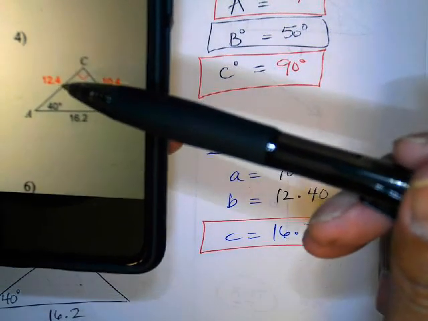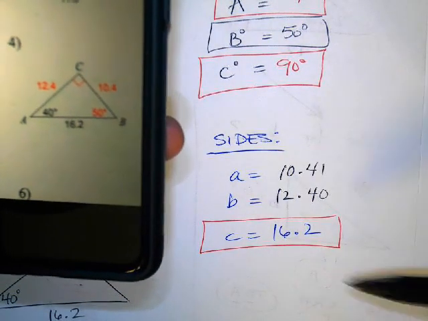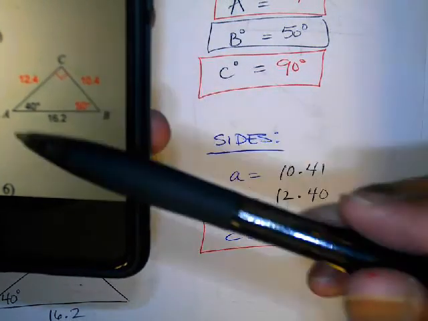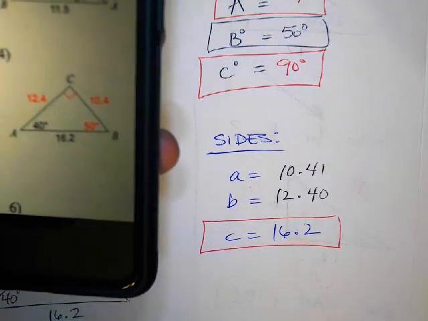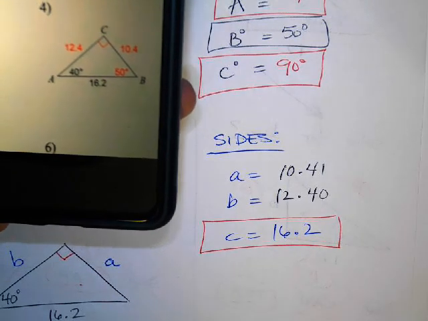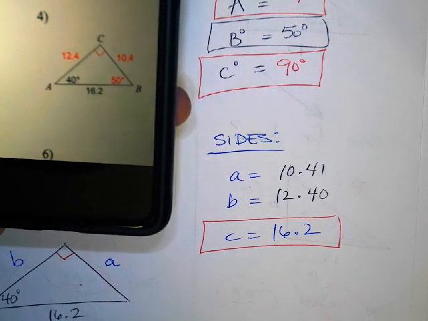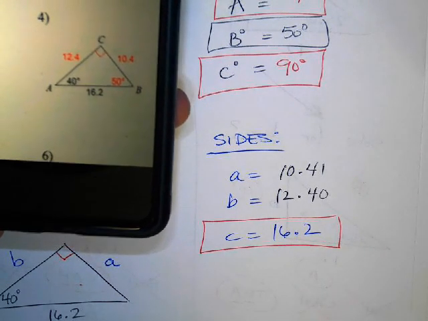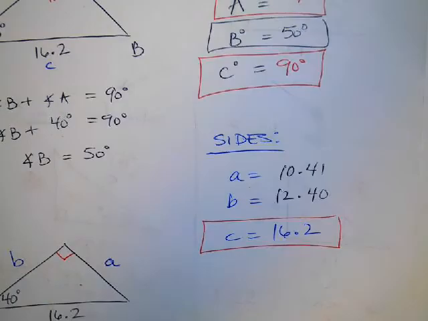And you can see for B we got 12.4. That's right there. Okay, and if you want to put your information like this on the triangle, that's fine. Can you see that better? Okay, so there it is.